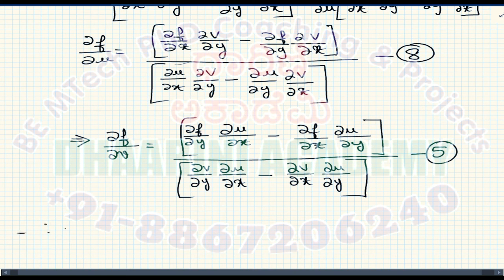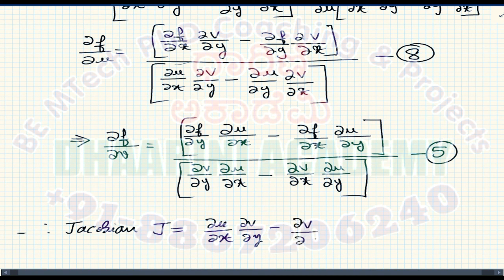Therefore, the Jacobian J is equal to, I write the term, that is ∂u/∂x into ∂v/∂y minus ∂v/∂x into ∂u/∂y.